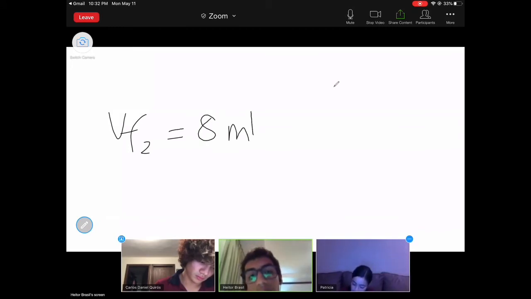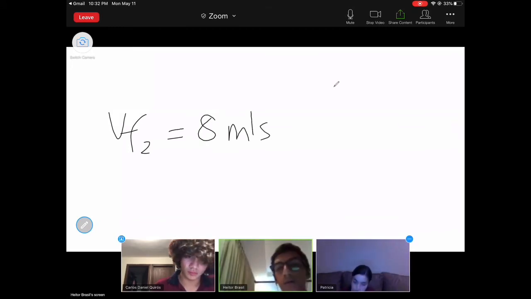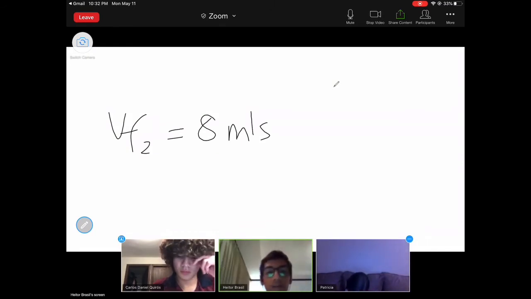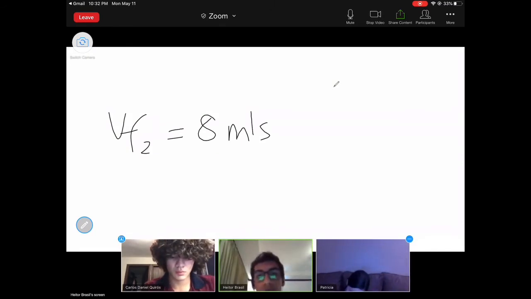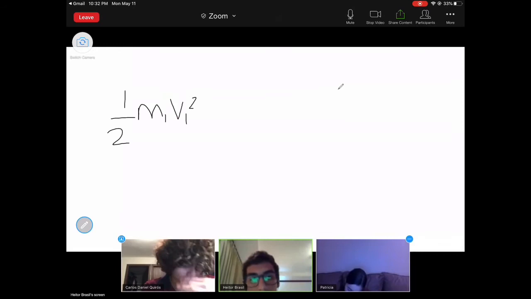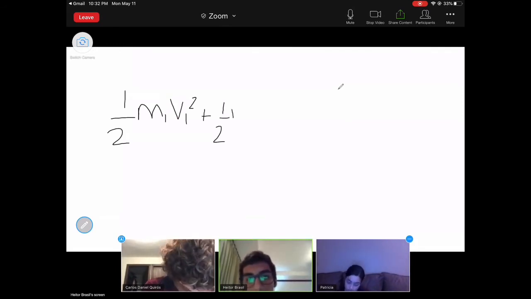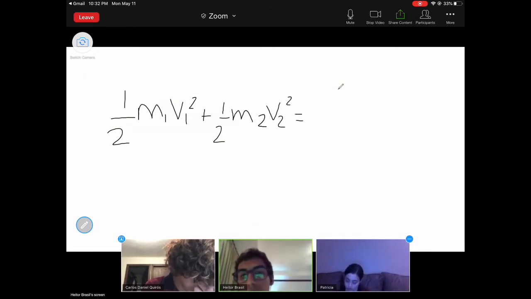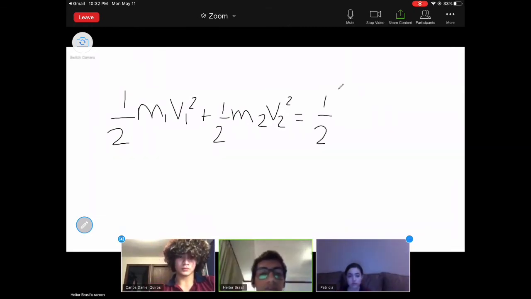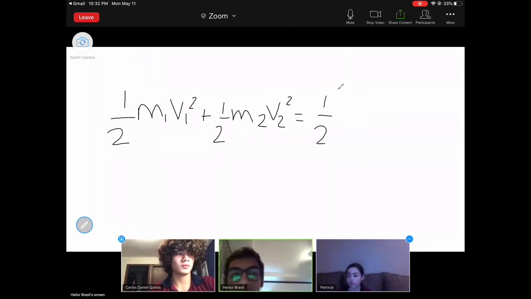And now they want us to use the law of conservation of kinetic energy to prove that idea. So very quickly we're going to draw the law of conservation of kinetic energy. Again, taking into consideration that the values on the left are initial and the values on the right are final.